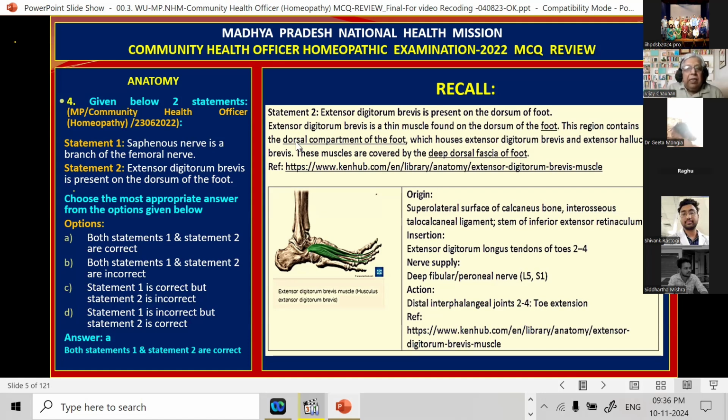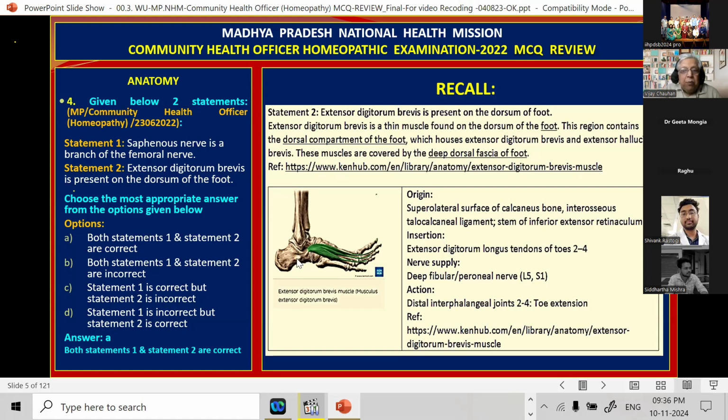This region contains the dorsal compartment of the foot, which houses extensor digitorum brevis and extensor hallucis brevis. These muscles are covered with deep dorsal fascia of the foot. And the origin, let us see, of extensor digitorum brevis is the supralateral surface of the calcaneus bone.